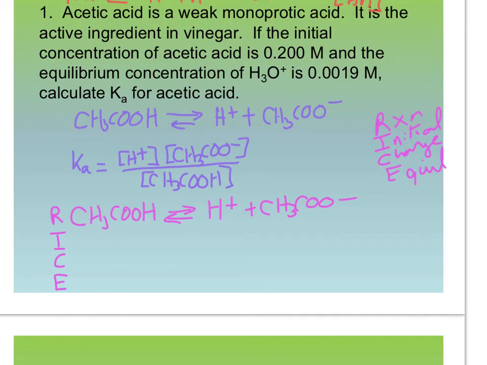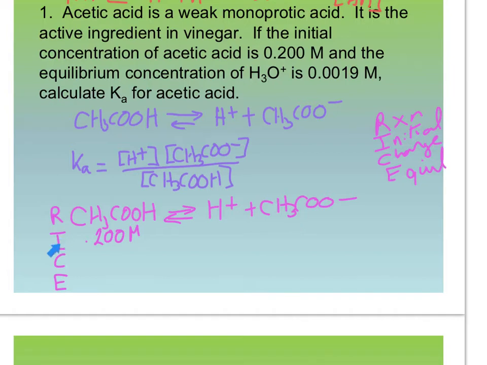So let's start with initial. Initially, I am told that my acetic acid is 0.2 molar. So the acid is 0.2 molar, and I can fill that into my RICE chart, 0.200 molar. Great. How about my H plus and acetate?